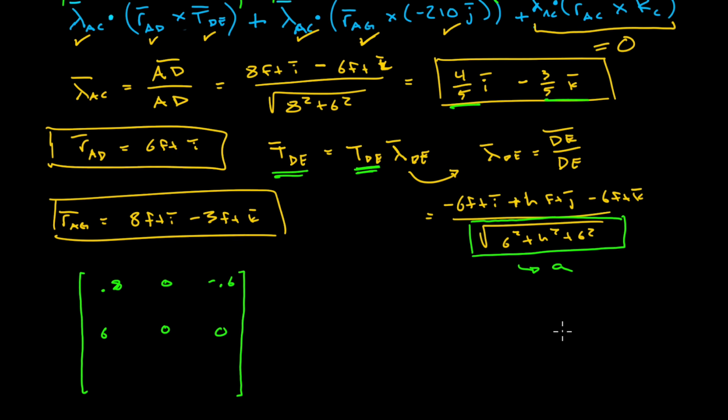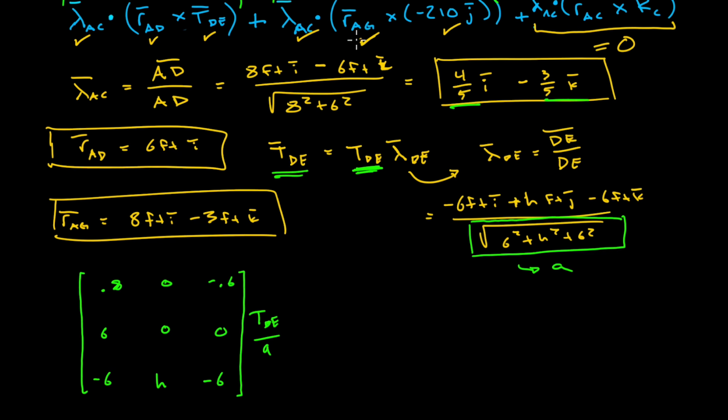Basically the vector TDE is the magnitude TDE divided by A, so I can factor out that magnitude and put it here. What's left over is the stuff in the numerator: minus 6 feet in the I direction, H feet in the J direction, and minus 6 feet in the K direction. Evaluating this 3x3 determinant will give us the solution to the mixed triple product above.